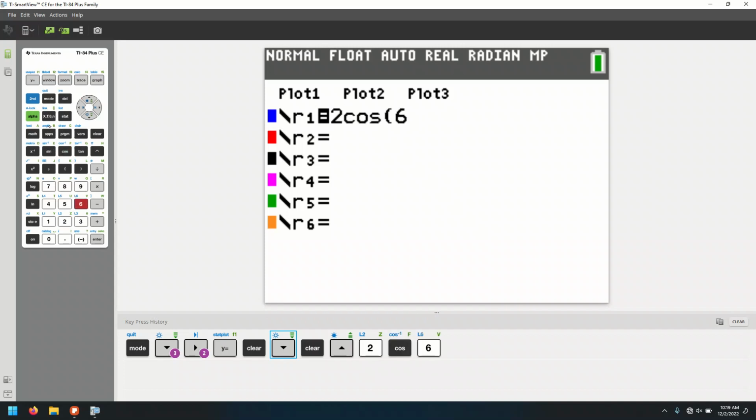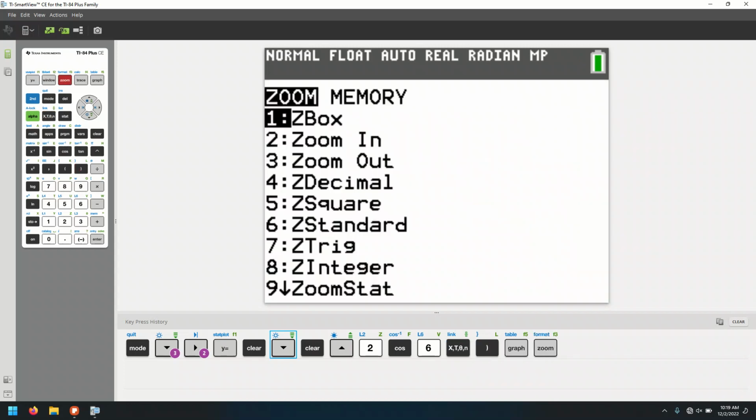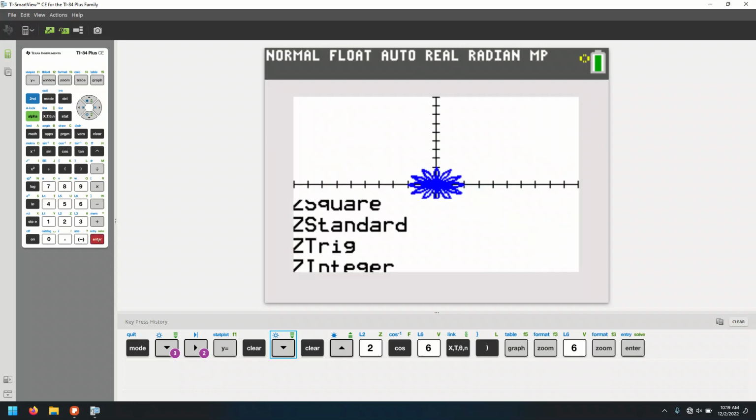of 6 theta. Okay, cosine 6 theta looks like a flower, but how many petals is it going to have? 12, right? Let's see if that's the case. Let me do zoom standard, and I'm going to zoom in a little bit.